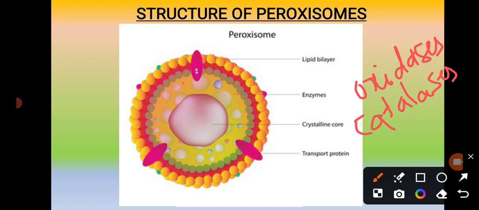These are the two enzymes mainly present in the granular matrix, and they work together to carry out the oxidation reaction, removing hydrogen from molecules and producing what? Hydrogen peroxide as a byproduct.